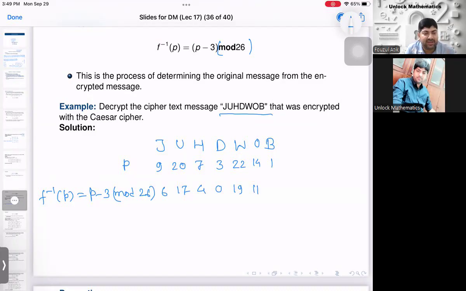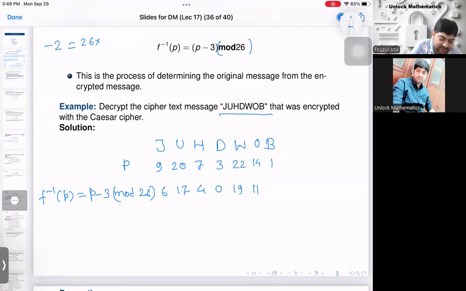But minus 2 cannot be a remainder. Minus 2 mod 26, you should not have minus 2, because remainder cannot be negative. It should be less than 26. So you should get a positive remainder. What will you do?